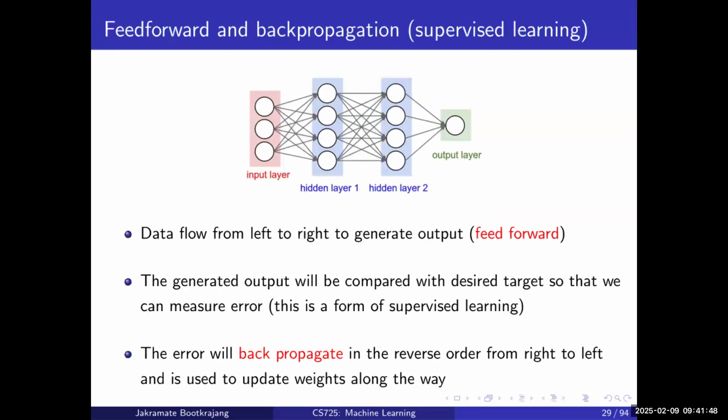So for supervised learning, the algorithm to update the weight is called feed forward and back propagation. In a typical fully connected neural network, the data will flow from left to right. We call this process feed forward, right? You feed information forward, and this feed forward will generate the output.